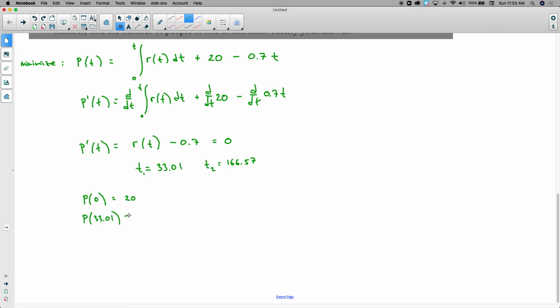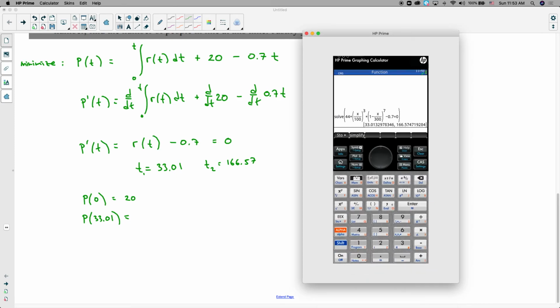33.01, I need to calculate that, which means I need to go back up to this function and put in 33.01. Okay, so, back to the calculator. So that is the integral, and we're going to go from 0 to 33.01.